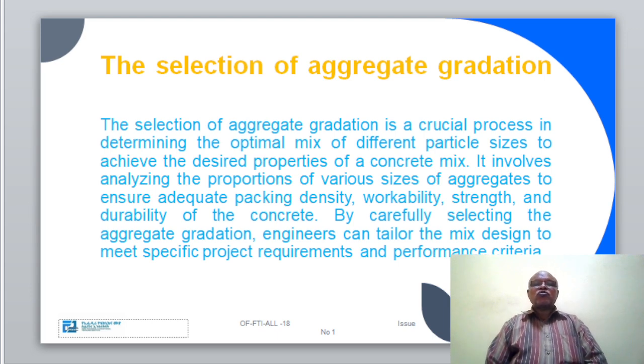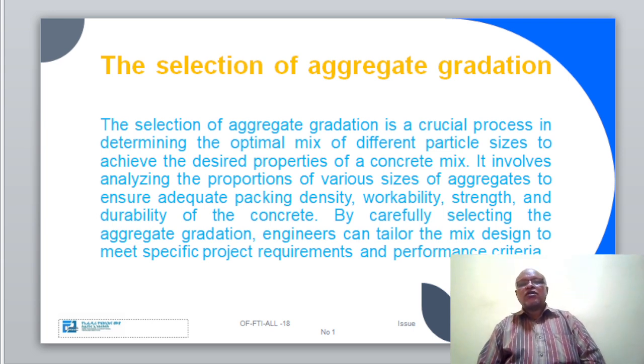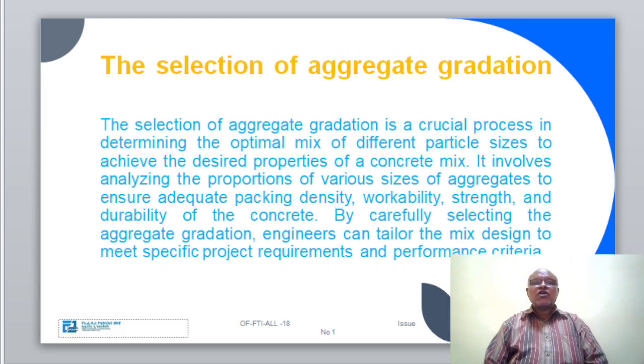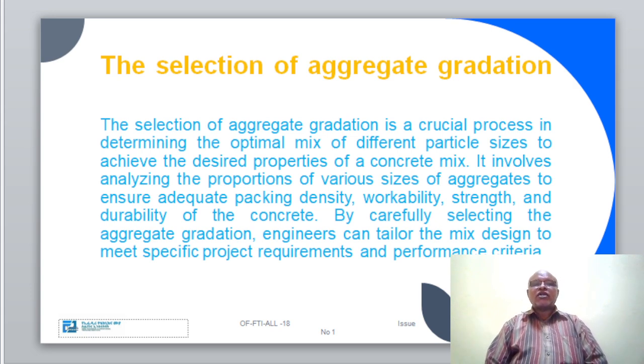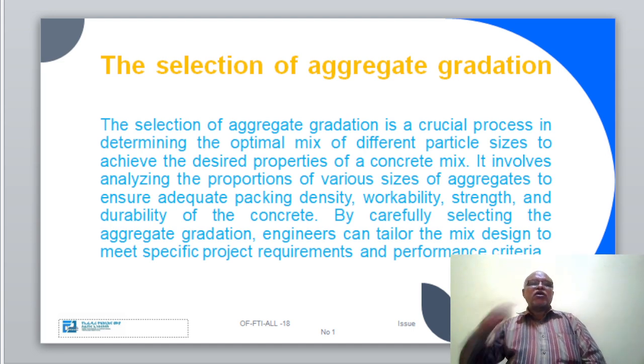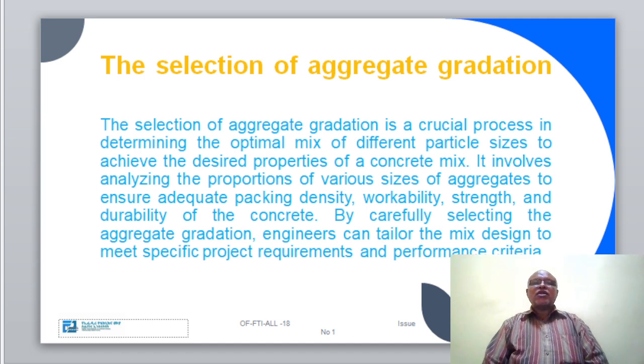There are several factors to consider when choosing the aggregate gradation for asphalt mix design. This includes type of aggregate, traffic load, climate conditions, and desired pavement performance requirements. It is important to strike a balance between coarse and fine aggregate to ensure proper packing and interlocking of particles in the mix. In general, a well-graded aggregate mix should contain a large range of particle sizes, including coarse, intermediate, and fine aggregates.